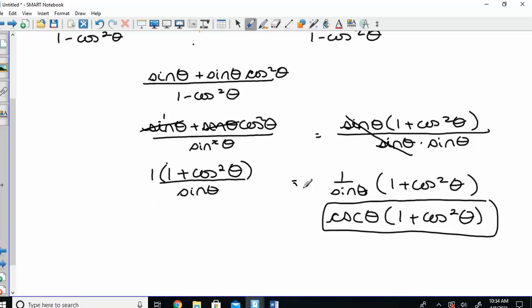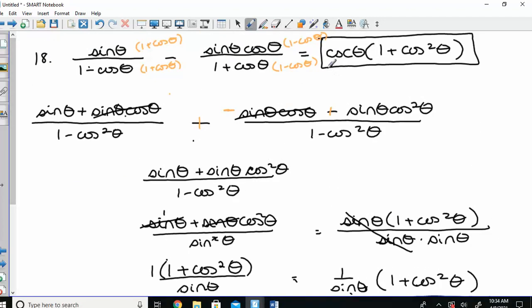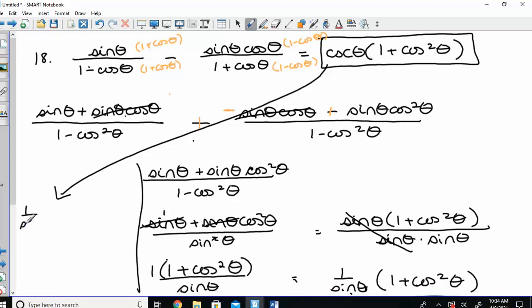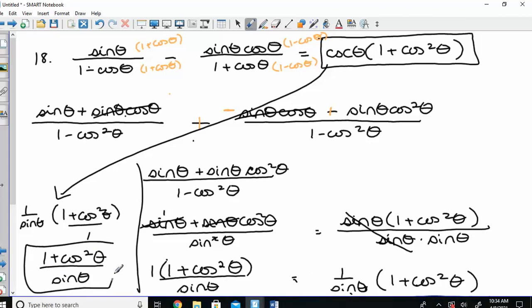So I separated out the 1 over sine times the 1 plus cosine squared. But if you don't like that, look at the other side. I don't have much room, but if I just change my cosecant to 1 over sine, then this is over 1, so that gives you the 1 plus cosine squared over sine theta. So if you didn't like how I did it, you could work the other side and get there the same way. You're welcome. Anything else?